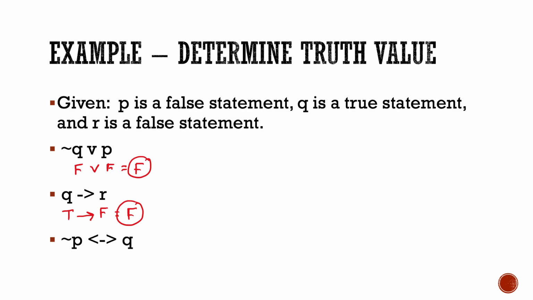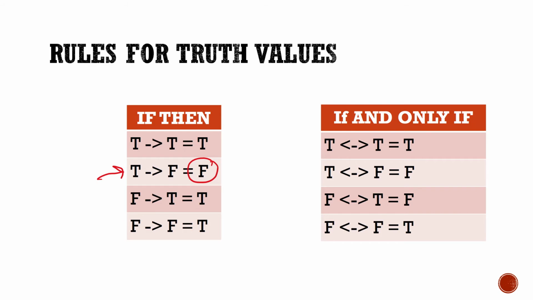The next one, we have the negation of P. Again, we know that P is false, so the negation will be true. We have our double arrow, and then we have Q, and we're told that Q is also true. So we have an if and only if statement where we both have trues. So that's going to equal true as well.